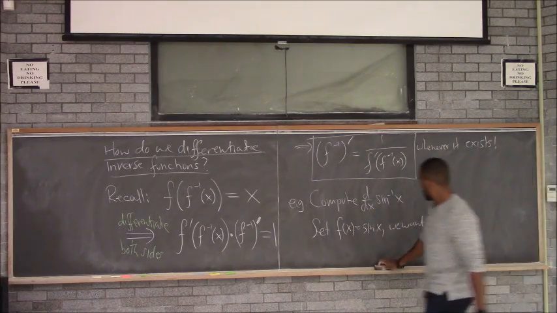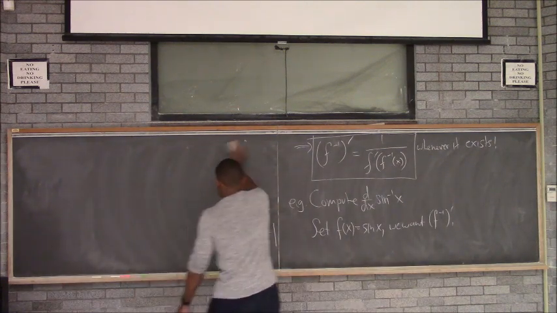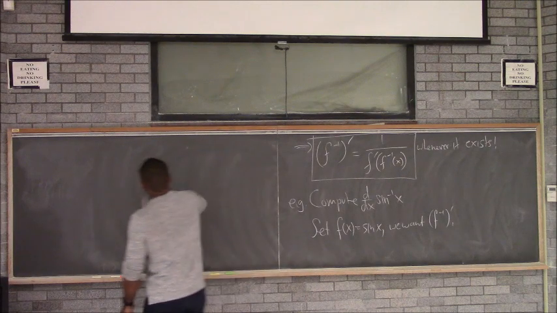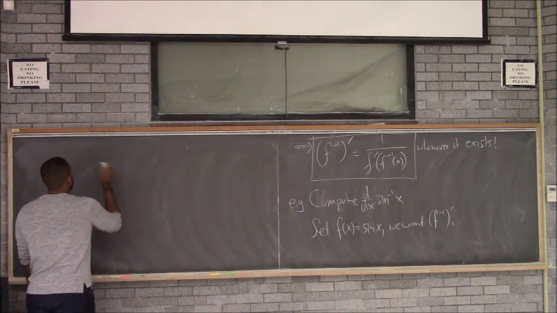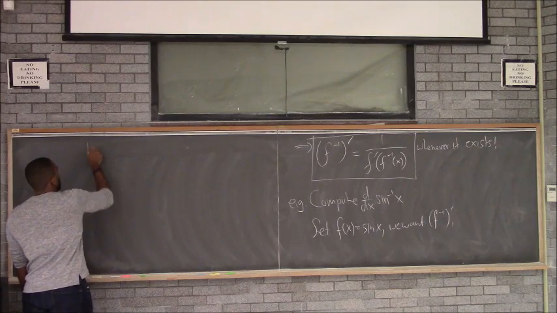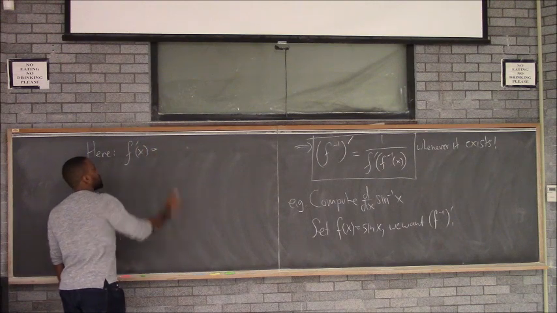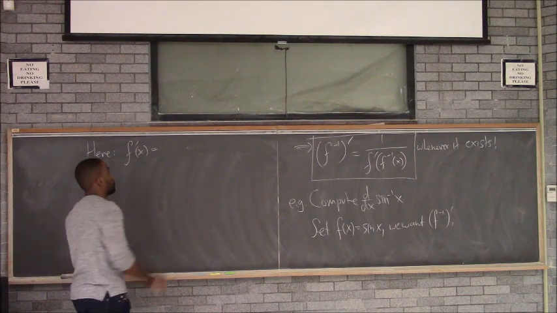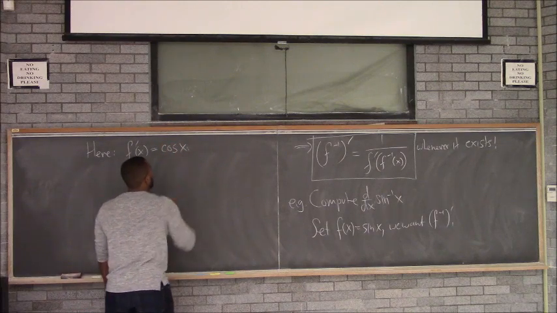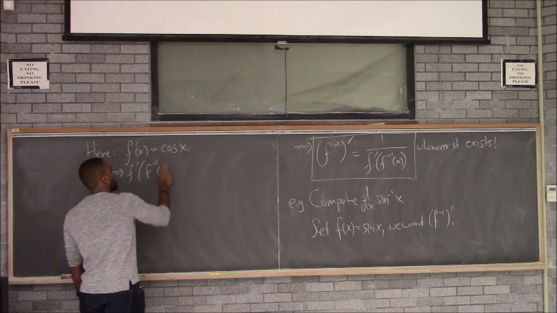So that means f prime of x is going to be cosine of x. This means that f prime of f inverse of x is going to be cosine of the sine inverse.